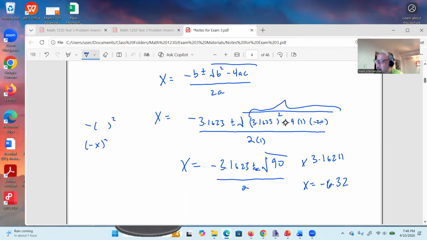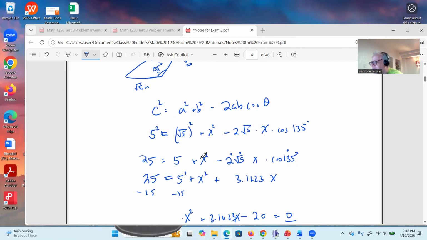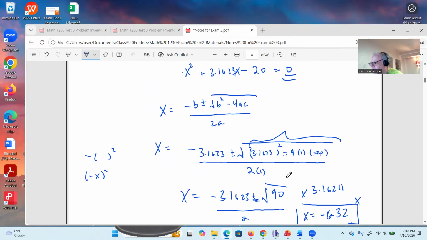Here's a rule. Lengths should be positive. So as far as me looking at this number, I'll like it. I'm going to go back up here and ask, what were my original units here? I think they were in inches. We can double check to make sure, but yeah, I think these were in inches. So we're going to take the positive one because the negative one doesn't make a lot of sense.